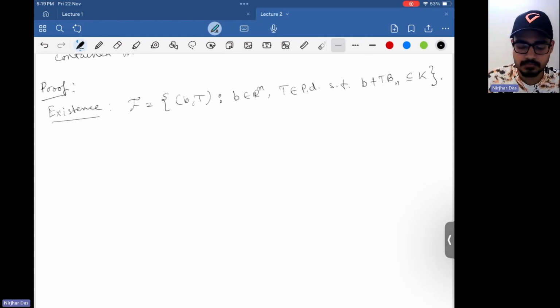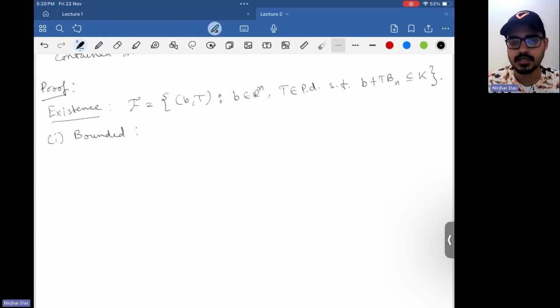So our goal is to show that this set is compact, and the easy part is to show boundedness. By the Heine-Borel theorem, a set is compact if and only if it is bounded and closed. So we will take that route and show that this set is indeed one, bounded, and two, closed. The bounded part is easy to show, and that is because the convex body itself is bounded.